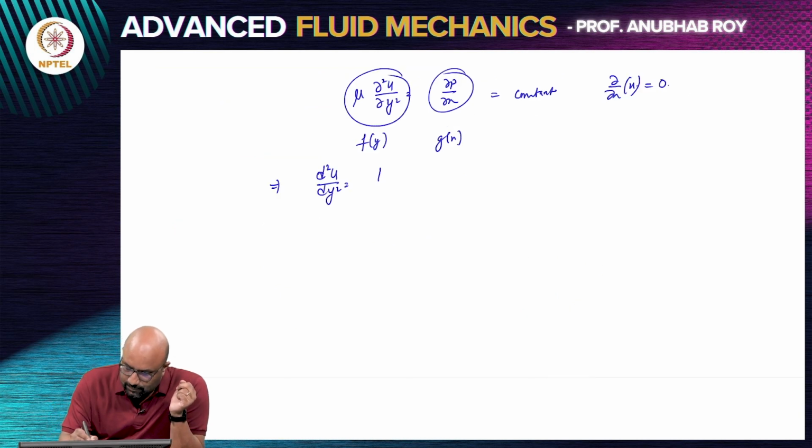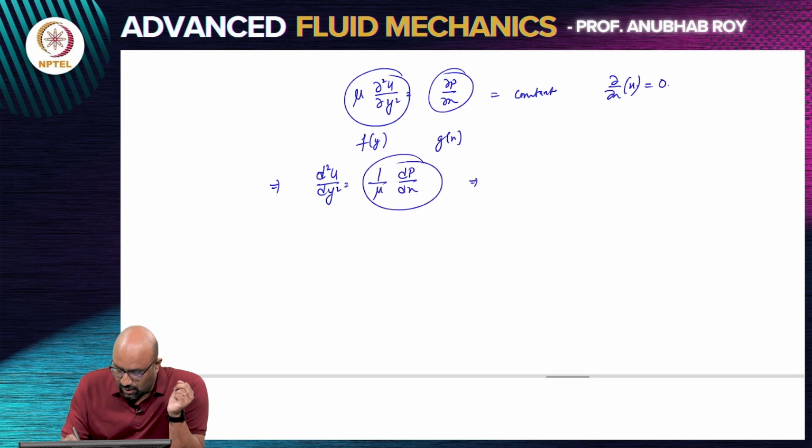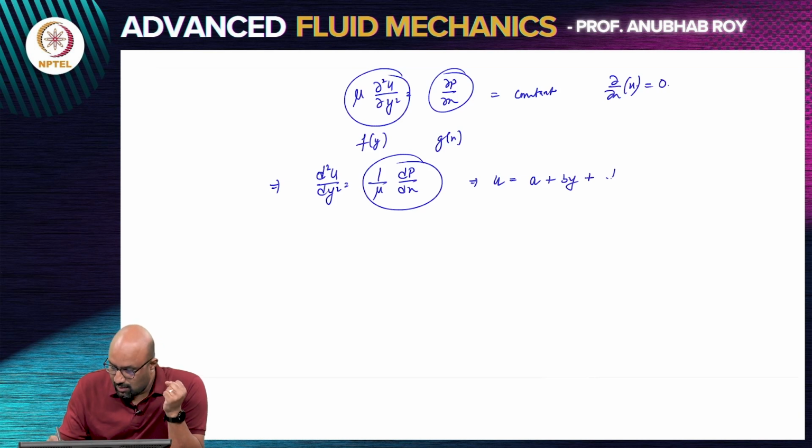So, I have 1/μ dp/dx, this is a constant. So, now if I integrate, I have a plus by, that is the homogeneous solution, plus 1/μ dp/dx y²/2.